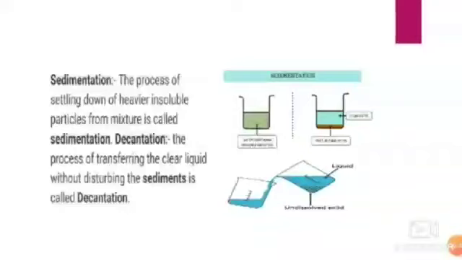The process of settling down of heavy solids at the bottom is called sedimentation, and the solid that settles down is called sediment. The clear liquid layer can then be poured carefully into another container without disturbing the sediments. Here children, you can see the process of sedimentation where we have taken two beakers.